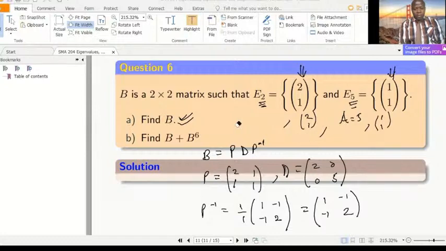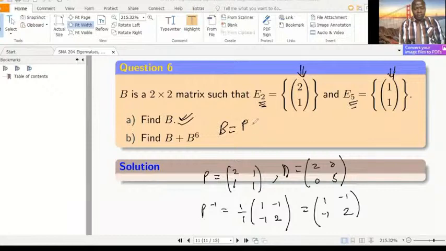Let me create some space here. So this means that B is P D P inverse, where P is [2, 1; 1, 1], D is [2, 0; 0, 5], and P inverse is [1, negative 1; negative 1, 2].